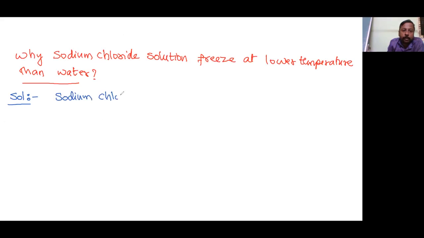Sodium chloride is a non-volatile electrolytic solute. Because of the electrolyte, it will dissociate.